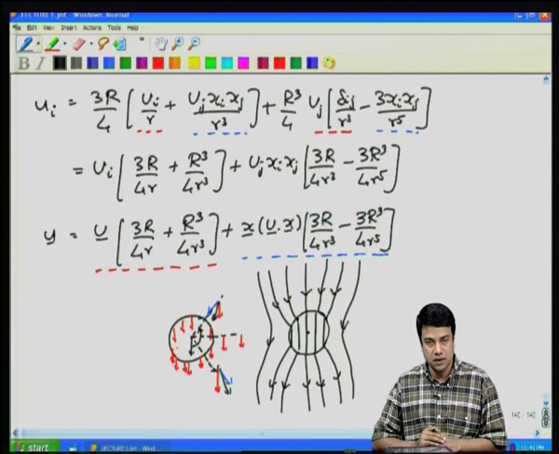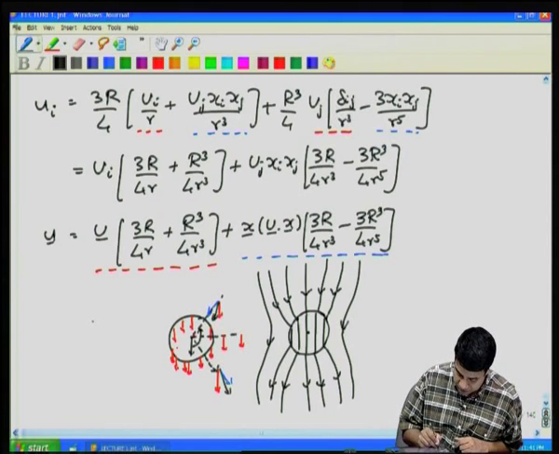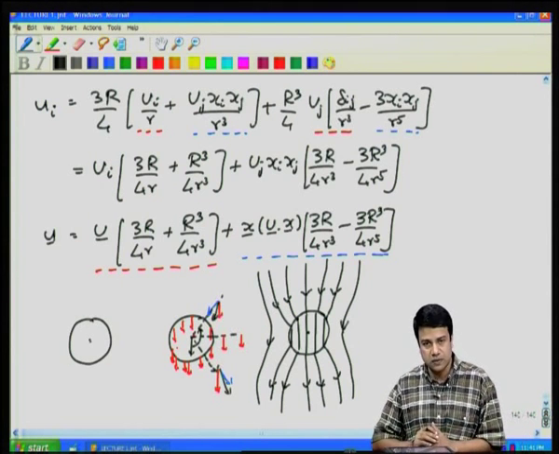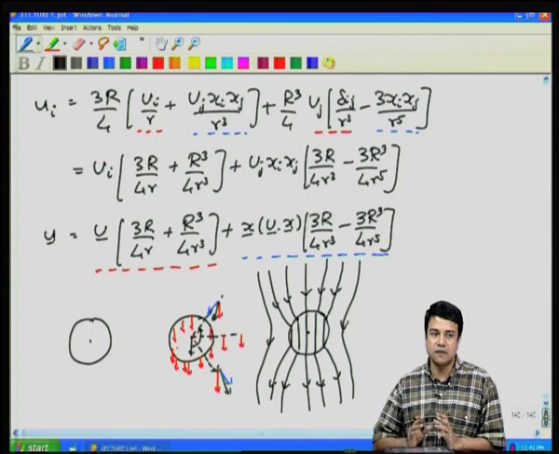Okay. If you were on the other hand in a moving reference frame that is moving with the sphere itself, you get the solution for the moving reference frame by subtracting out the velocity with which the sphere is moving. Okay. And if you work it out in a moving reference frame, you subtract out the sphere velocity capital U, so that the velocity of the sphere itself is 0.